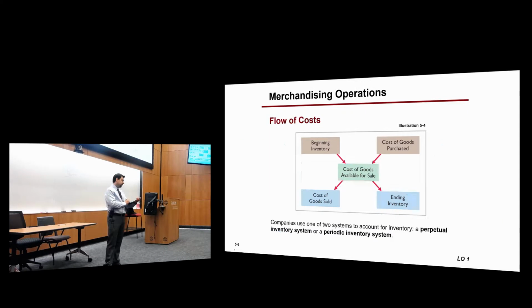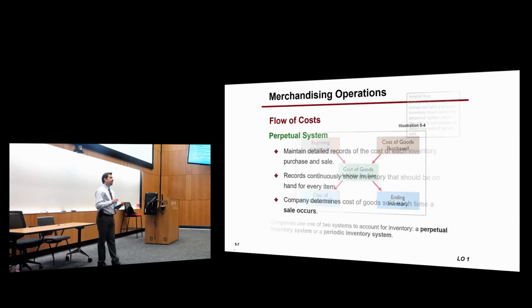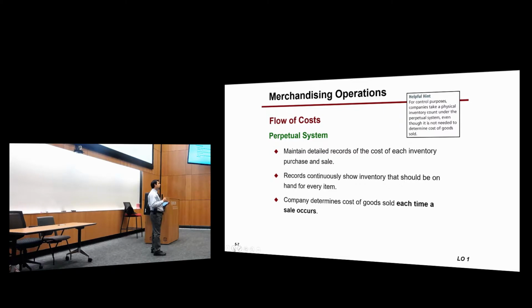Now the perpetual system, like I said, after every transaction, they will calculate the cost of goods sold and inventory. Okay? There is an issue here, which is what?